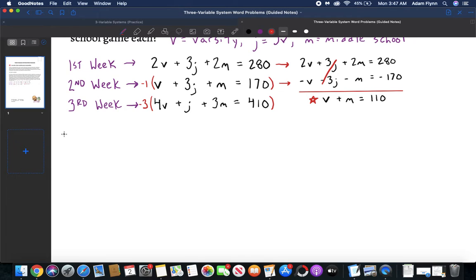So my top equation is not changing at all.